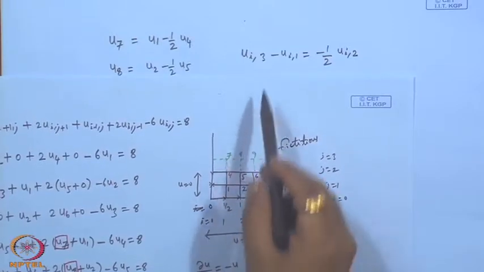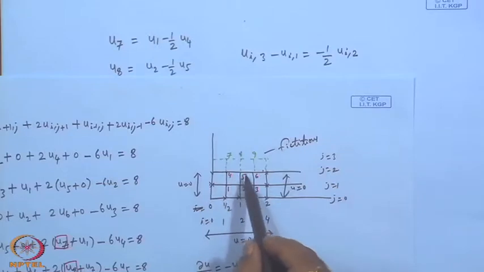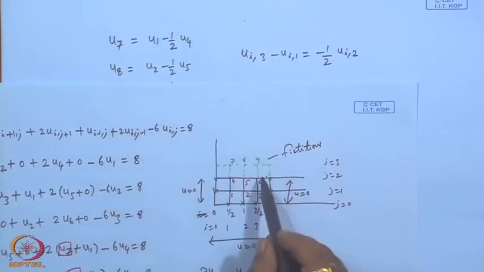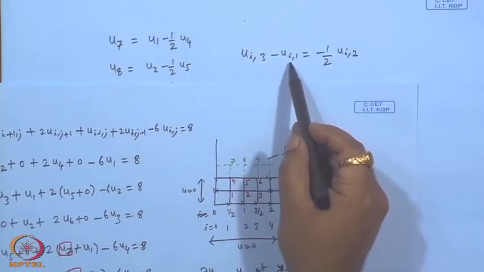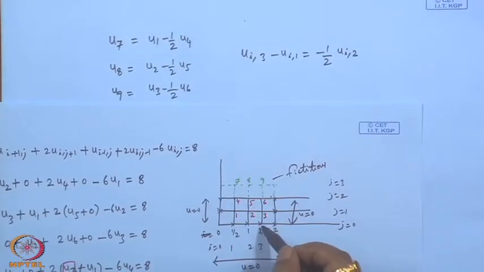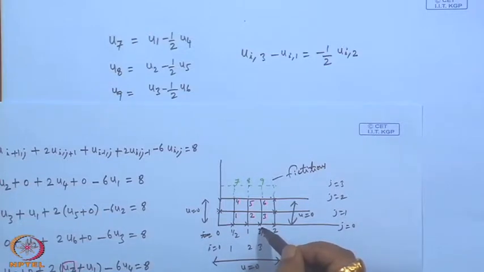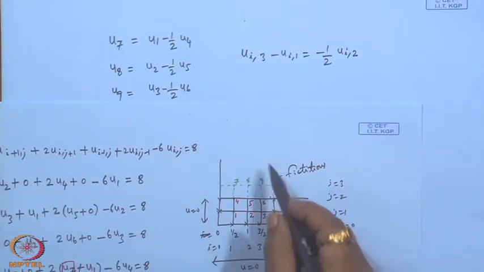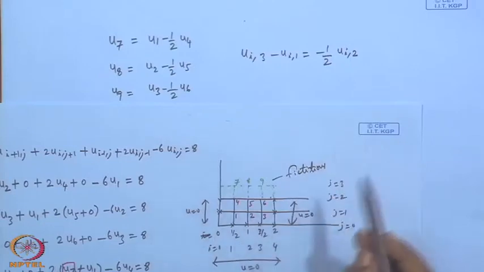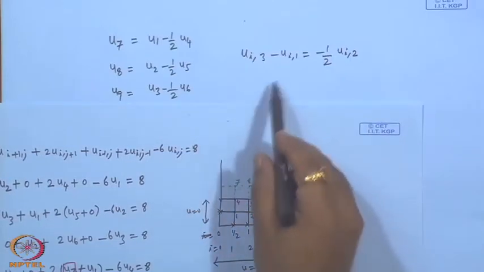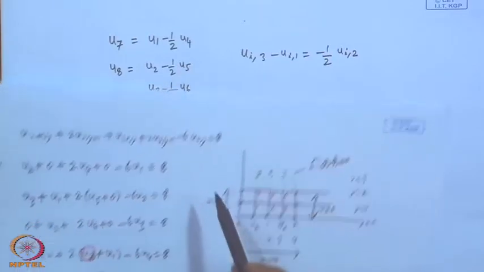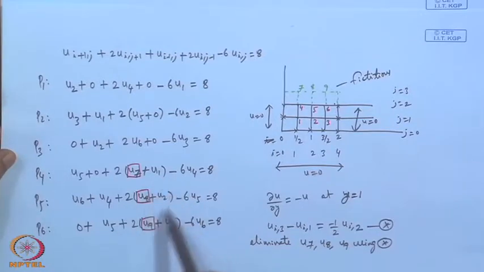So, similarly, when I is 2, 2 3. So, that is u 8, okay, and this will be u 2, okay. So, similarly, when I is 3, 3 3 will be u 9, okay, and 3 1 will be u 3 and 3 2 will be u 6, okay. So, that is how we have got these fictitious values. Now, we have to use these fictitious values in this system, okay.